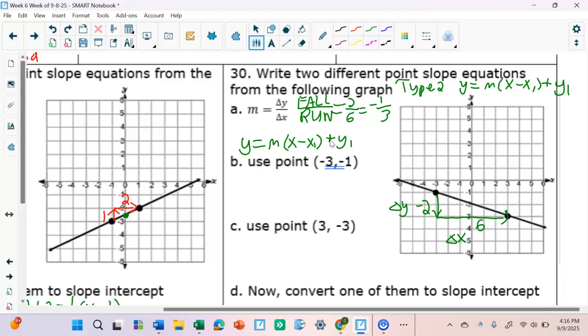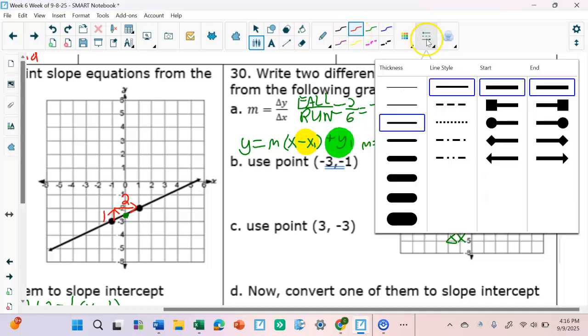Okay, I'm making my own worksheet. So when it's in type 2, we do opposite of x1, but we keep y1, you don't do the opposite. Whatever y1 is, it is.